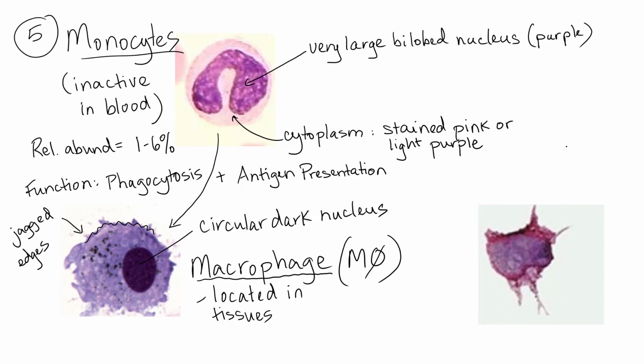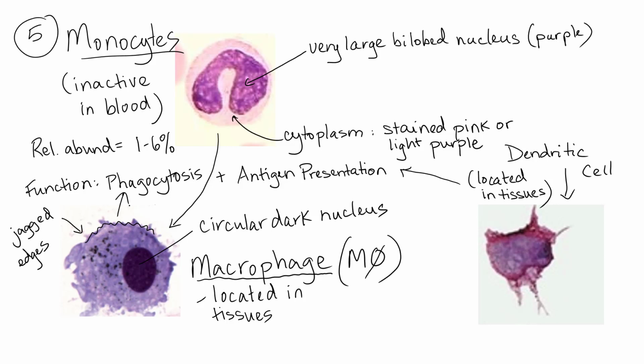Okay, the last little guy over here, this is what's called a dendritic cell. And this is one that's also only located in tissues. So we're not going to find it in the blood. And it has the same job as the macrophage.